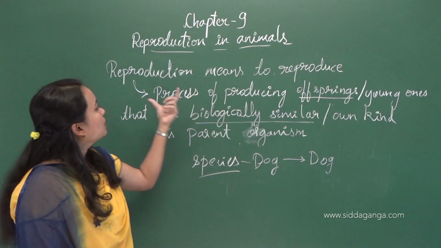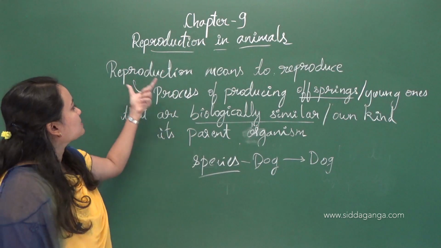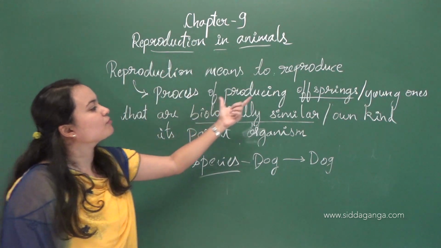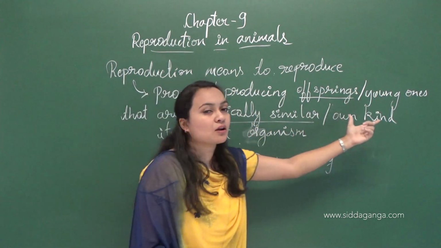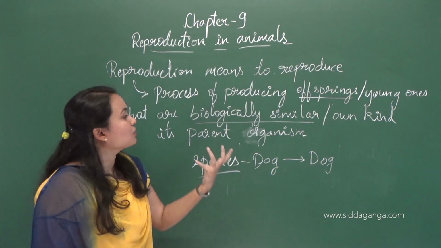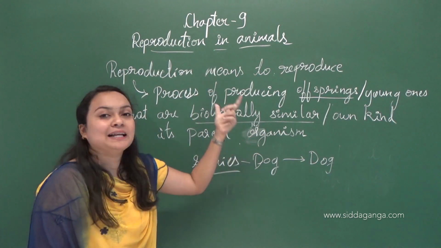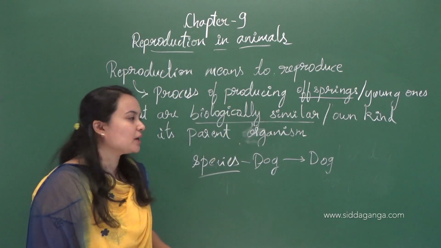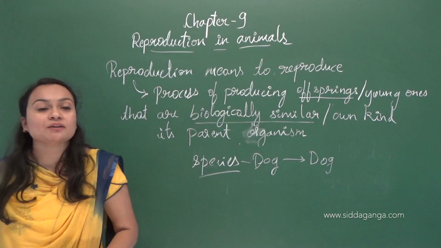So this is how reproduction takes place. Reproduction is the process of producing young ones which are of their own kind, or you can also call it biologically similar. So this is about the definition.